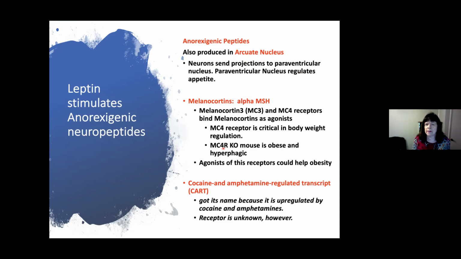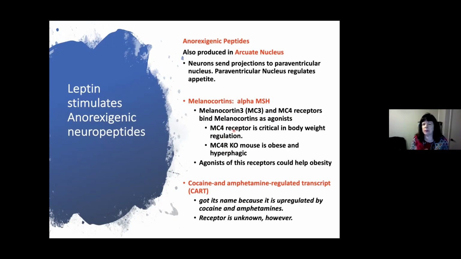So one of them are the very famous melanocortins, and the melanocortin alpha MSH basically, and it's got some really important receptors. There are MC3 and MC4 receptors, and they're critical in body weight regulation.